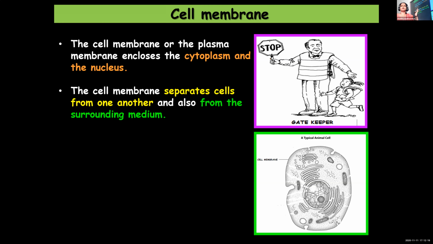Maybe something else is also there in the medium where these cells are present. So to separate from the external things and also to distinguish each cell, the cell membrane is useful. So the cell membrane will separate cells from one another and also from the surrounding medium.